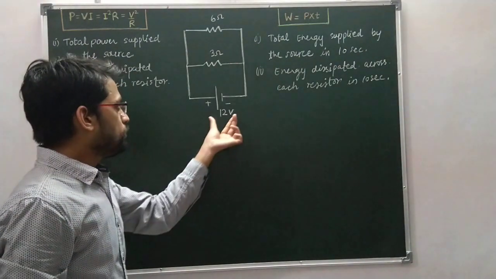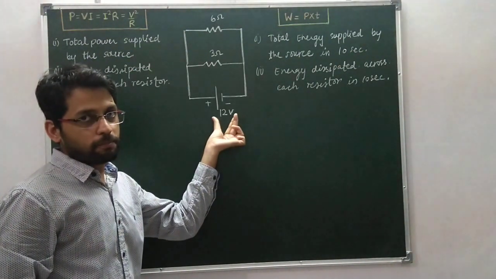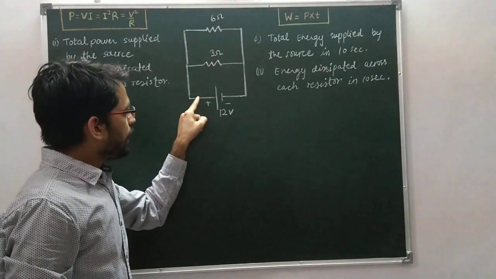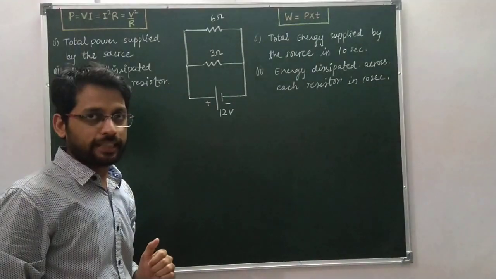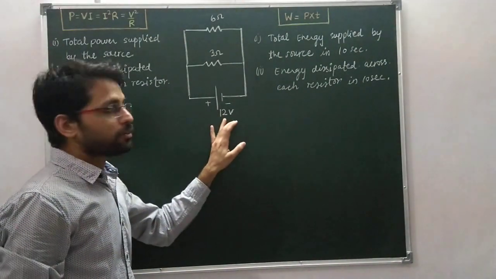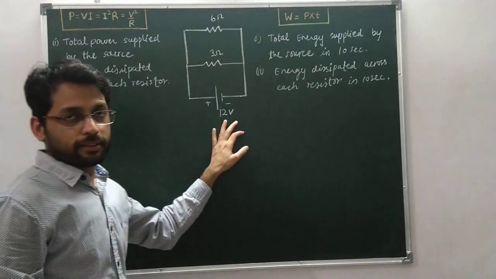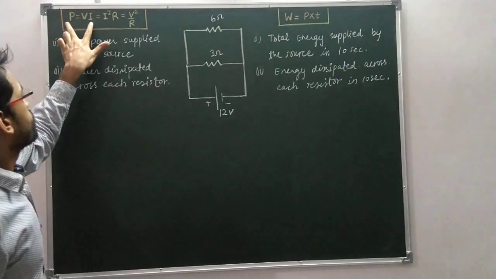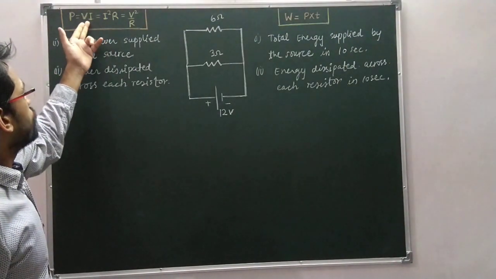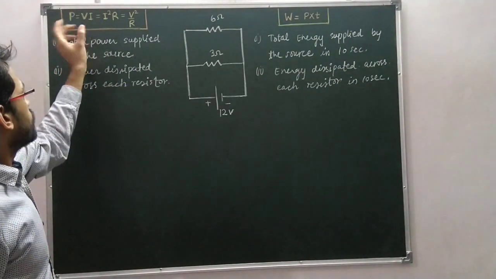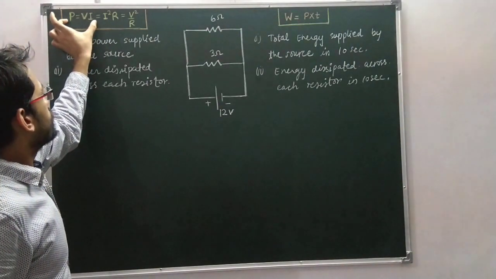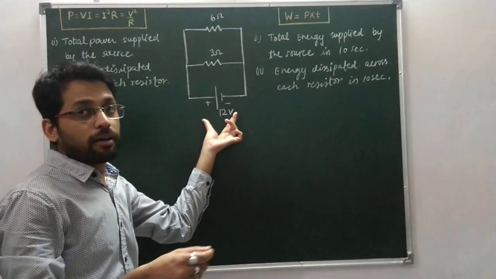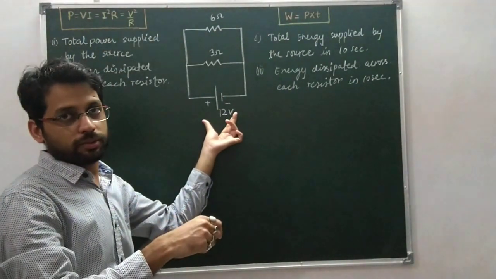It means the potential difference of the source is given, and if we calculate the current drawn from the cell, then we can easily calculate the power delivered by the cell using this formula, P is equal to V into I. So we can use this formula here to calculate the power delivered by the source.